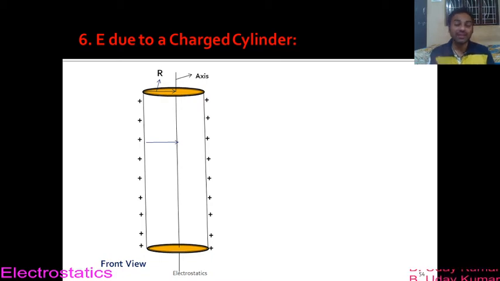But here this is not a conductor, this is a charged cylinder. Whatever charge is given to it will be completely and uniformly distributed throughout its volume.